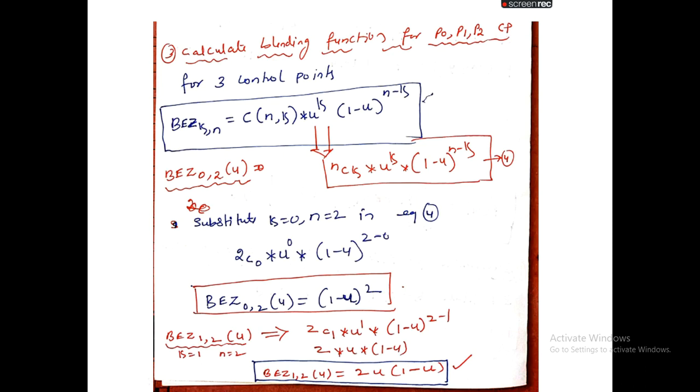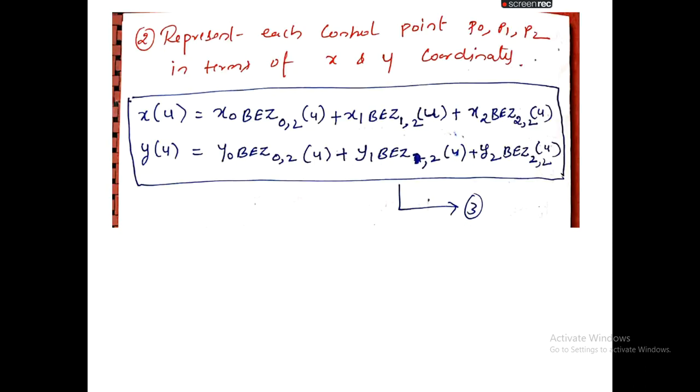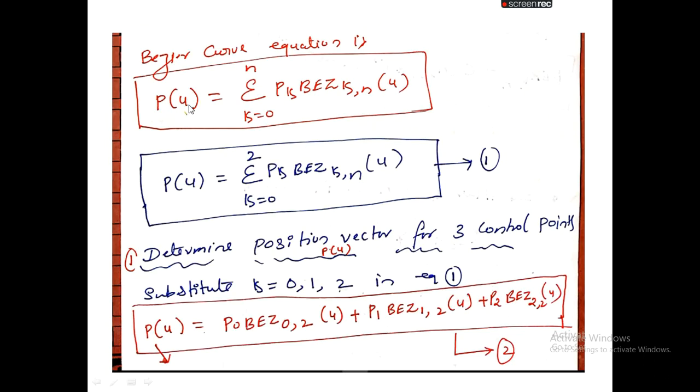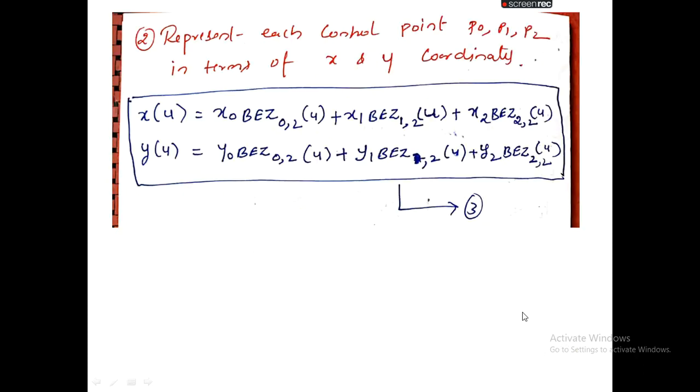Third, we need to calculate the blending function. If you see equation number 1, and if you see equation number 2, here also we need to calculate blending function B 0, 2, next for 1, 2, next 2, 2.